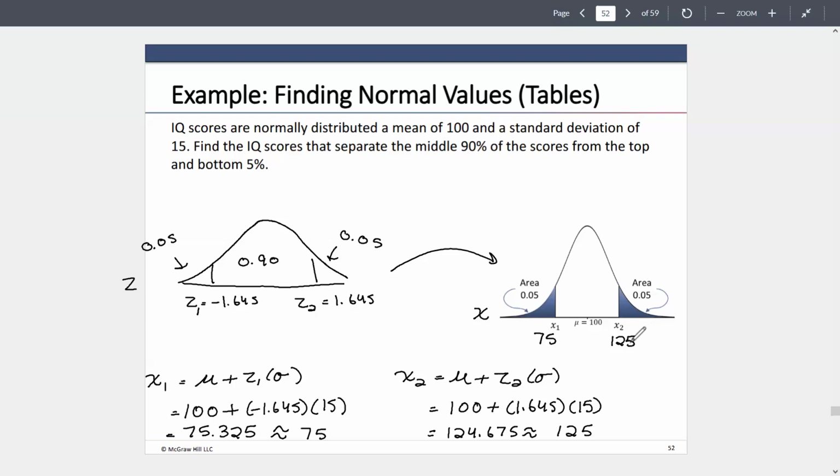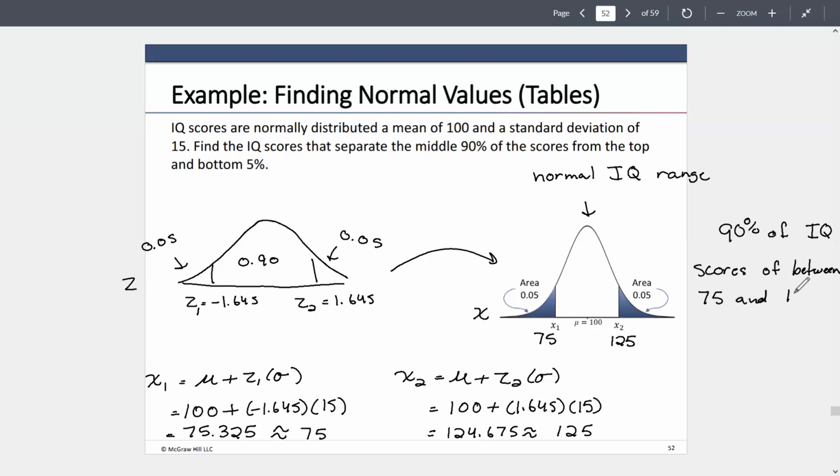And actually, this is a range that sometimes we consider the range of normal IQ. So what we know from looking at the middle 90% is that 90% of IQ scores are between about 75 and 125.